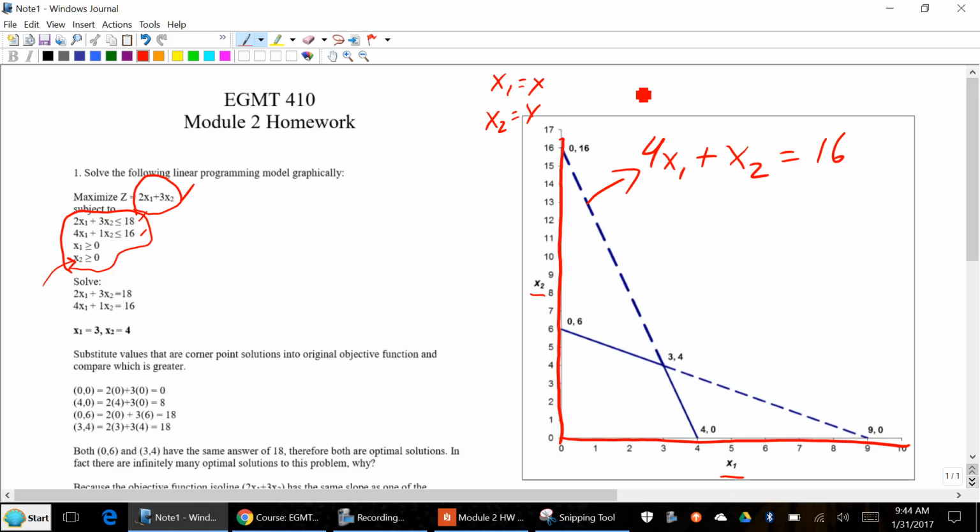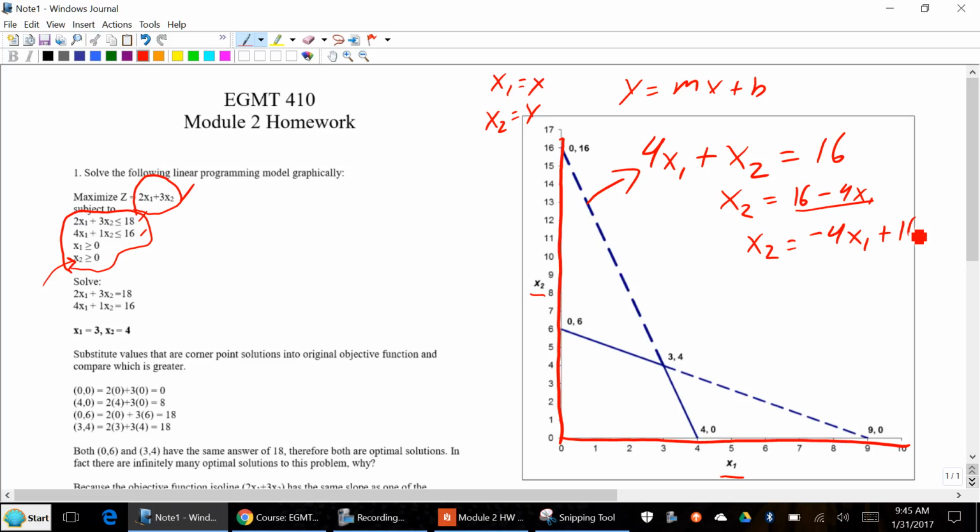You probably remember seeing something like y equals mx plus b from your algebra class. So what we're going to do is rewrite this equation in terms of x2. So x2 will be equal to 16 minus 4x1, which we can rewrite as negative 4x1 plus 16.